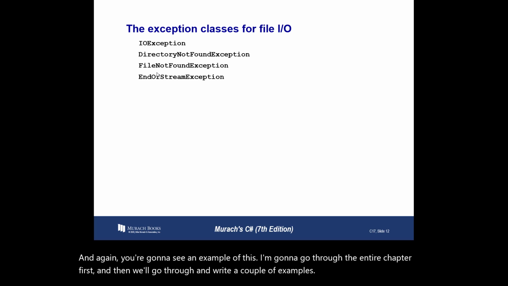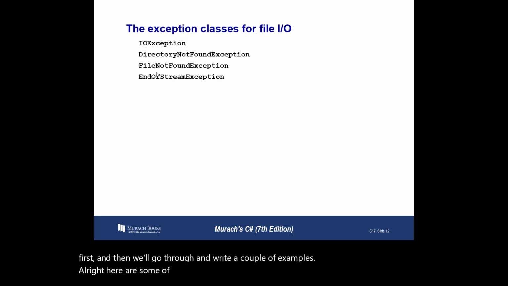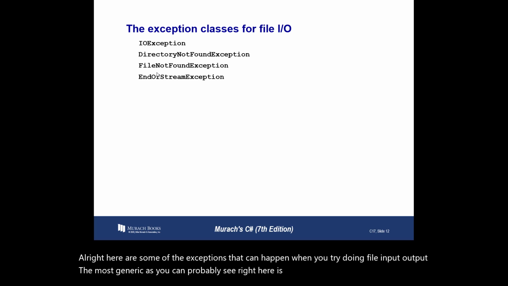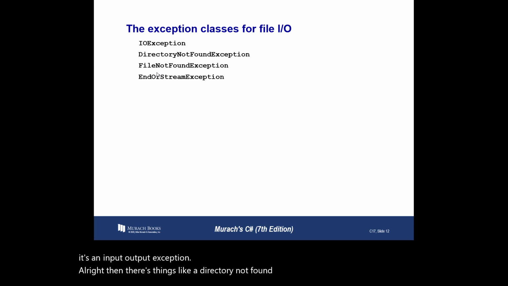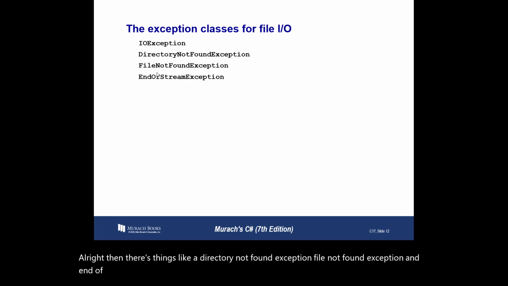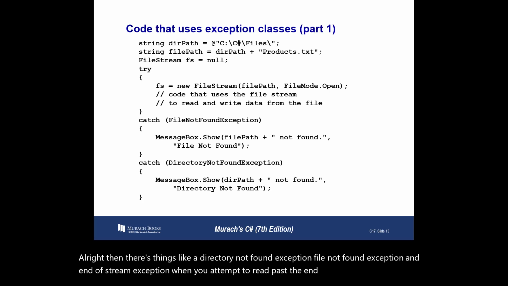All right? Here are some of the exceptions that can happen when you try doing file input-output. The most generic, as you can probably see right here, is an I/O exception, which means it's an input-output exception. Then there's things like a directory not found exception, file not found exception, an end of stream exception when you attempt to read past the end of the file.